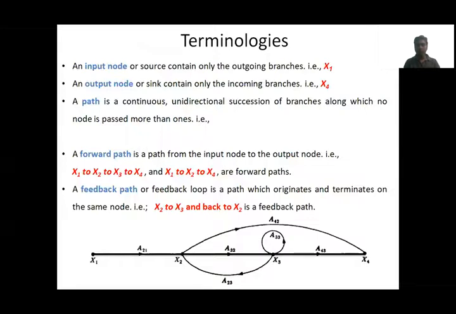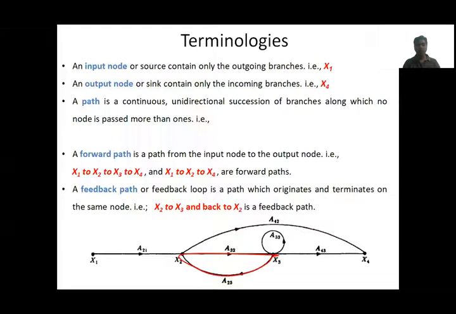Of course, two or more forward paths may exist. Again we have one more forward path between x1 and x4: x1 to x2, then x2 to x4. This is also a forward path. A forward path definitely should be between input and output nodes.